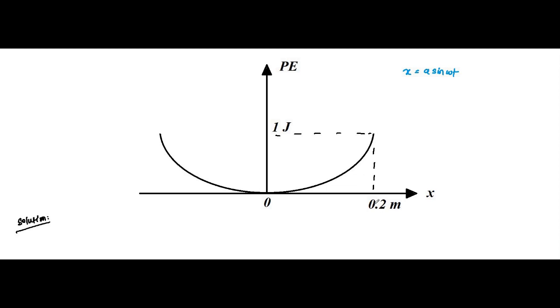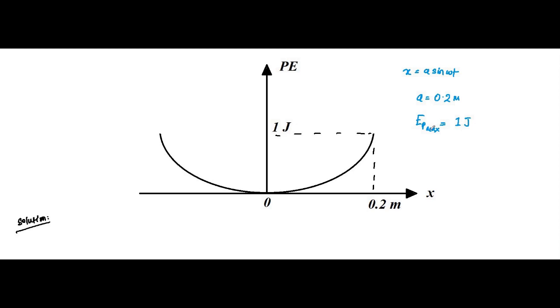First, the peak amplitude, the maximum displacement from the equilibrium position, that is A, is equal to 0.2 meters. And the maximum potential energy of this object is 1 joule.